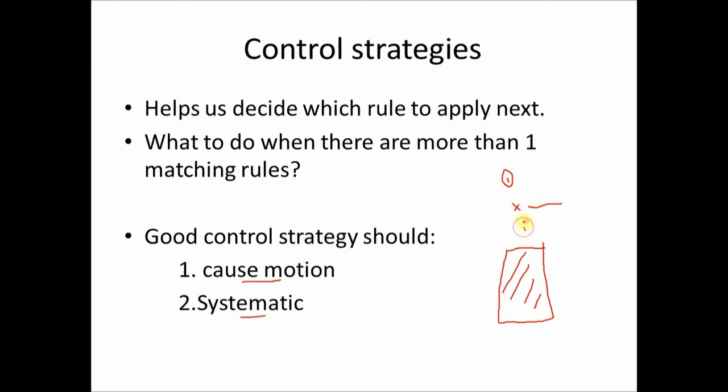Again, rule number 1 is applied, filling the jar. So many redundant, wasteful steps. First you fill the jar, then you empty it, and again you refill it. You are actually not achieving anything, just wasting steps. So another quality is that the control strategy should be systematic.